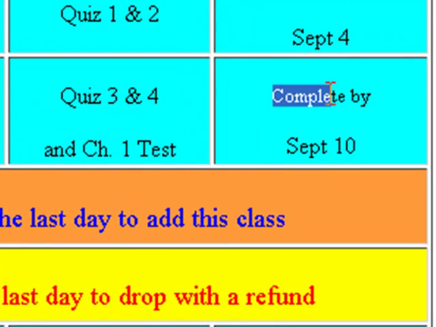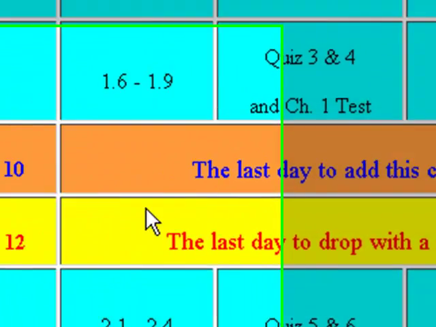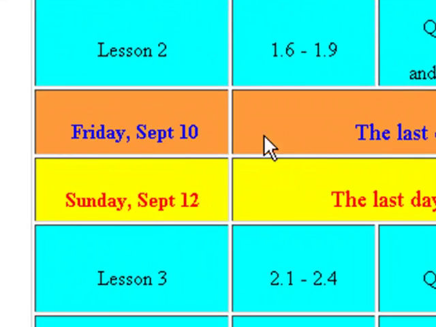And this is to be completed, you notice, September 10th in this case, which is 6 days beyond September 4th. So I'm giving you 6 days to do the reading, the quizzes, the tests, and then continue on. Notice the calendar has other things, other dates.